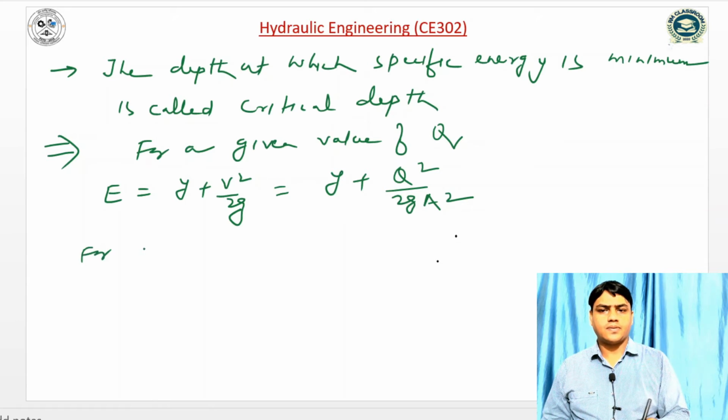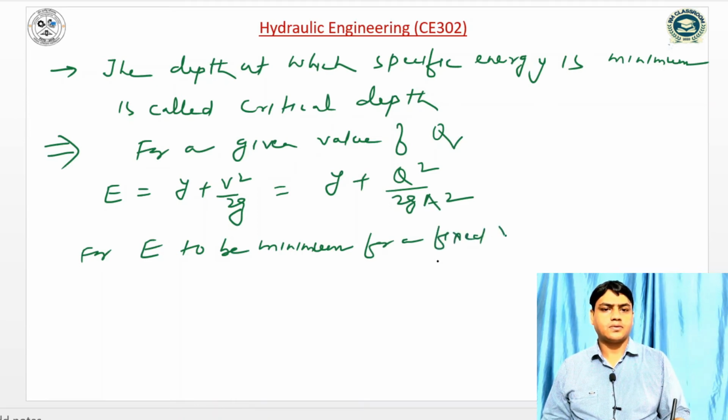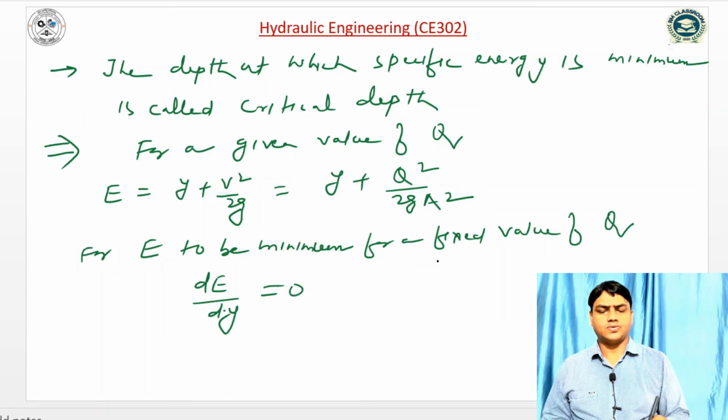So for specific energy to be minimum for a fixed value of Q, dE by dy should be 0.